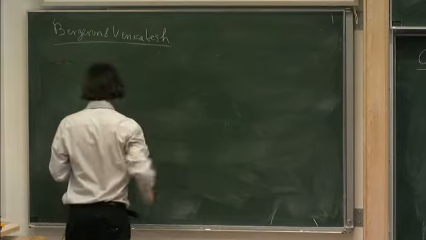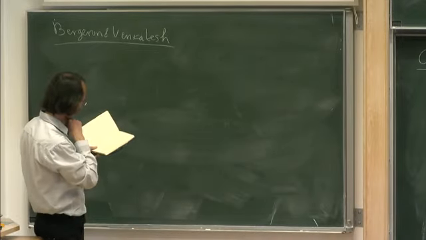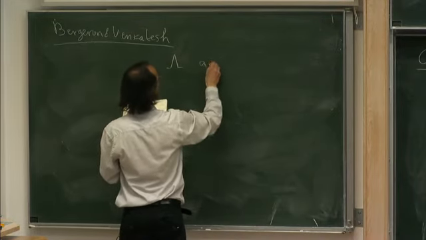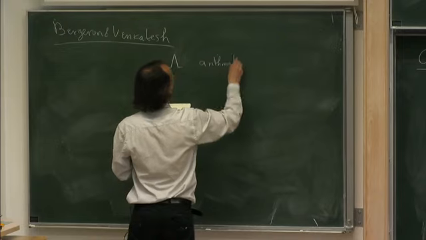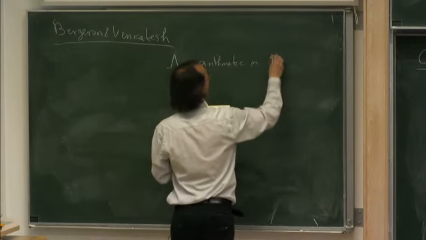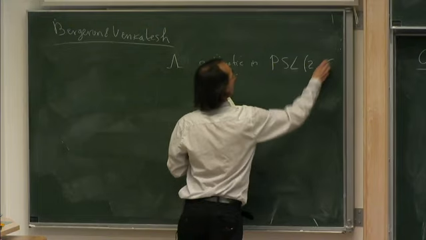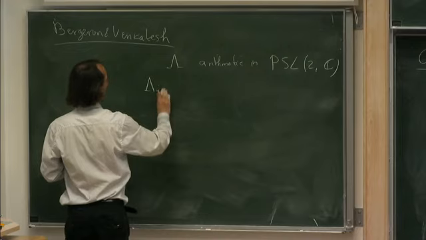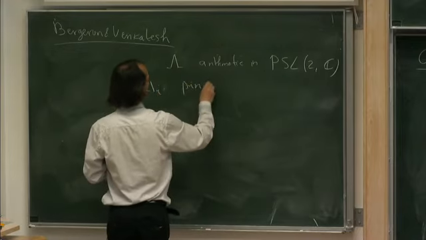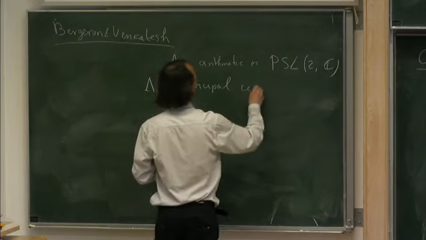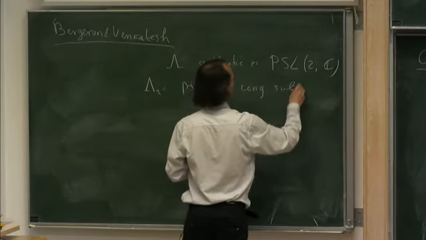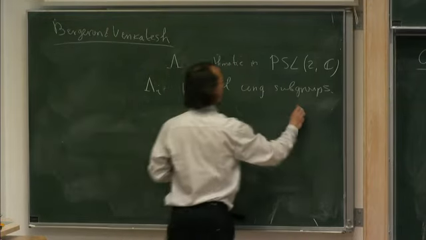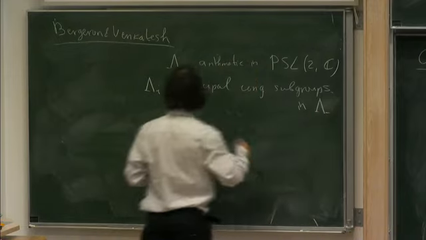They make a sequence of very precise conjectures about the growth of torsion, but let's specialize this to the case where lambda is an arithmetic lattice in PSL_2(C), and we take lambda i principal congruence subgroups inside Delta.